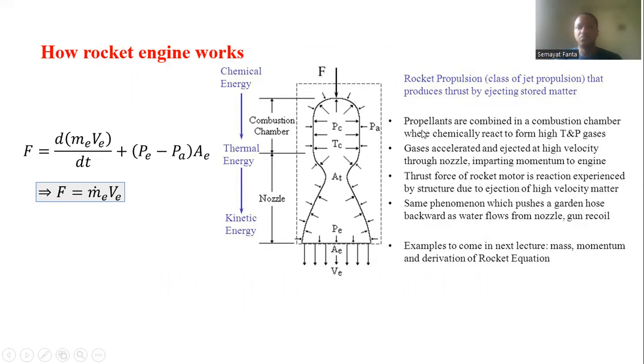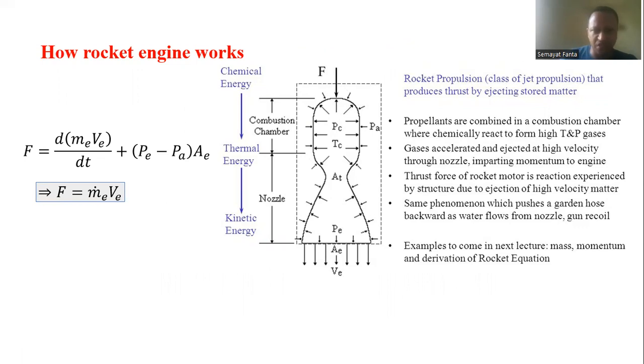Okay, so propellants are combined in the combustion chamber. This is the combustion chamber. You see, a high pressure, high temperature combustion chamber. There is a throat here, a small area through which high pressure gas comes out with a choking effect.